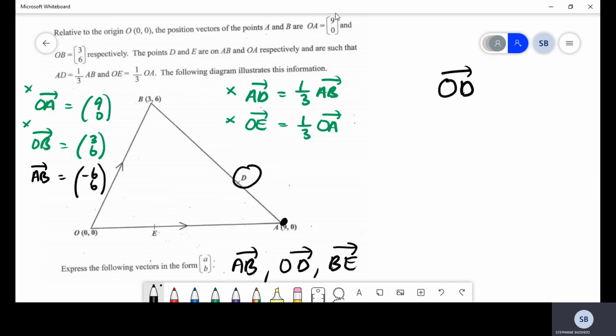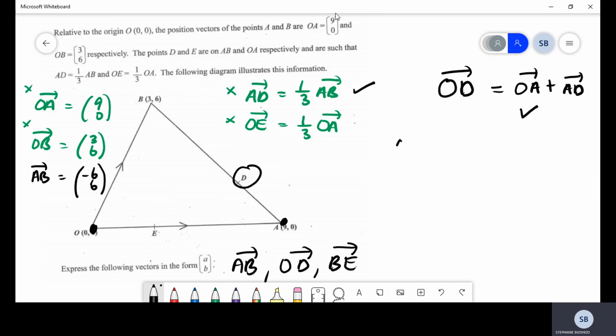So if we wanted to use the routes in the diagram, if we wanted to start from point O and get to D, we'll have to traverse O to A, and we'd need to move from A to D. Now, we do have the value of OA, and they said that the value of AD is given by a third of AB.